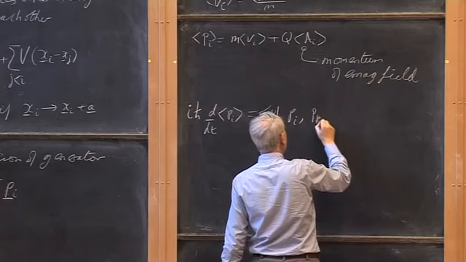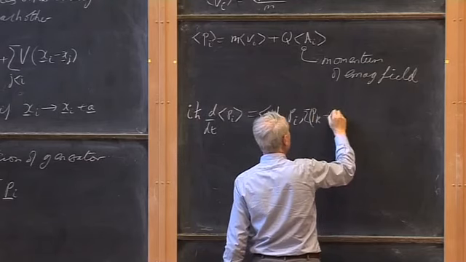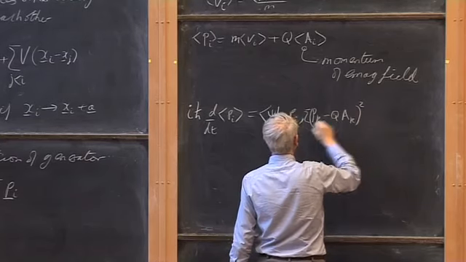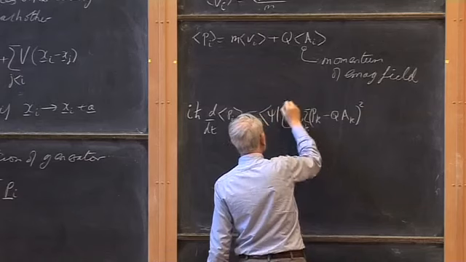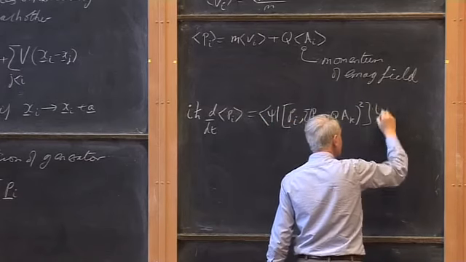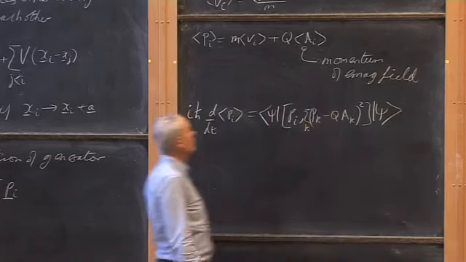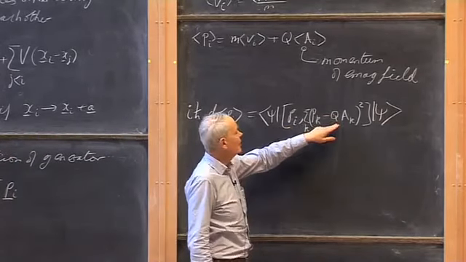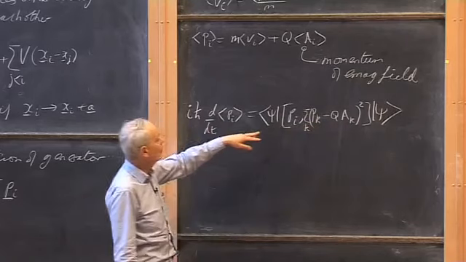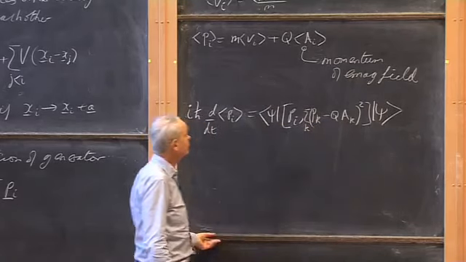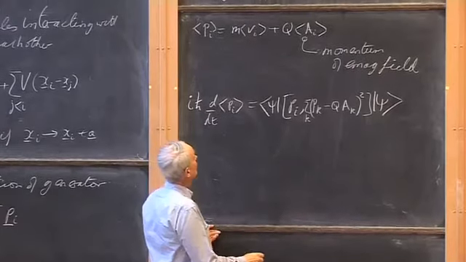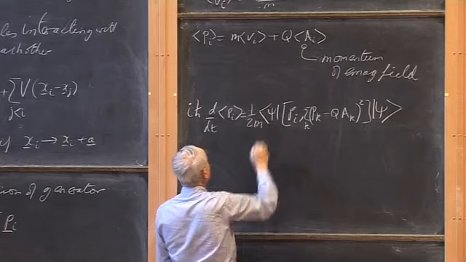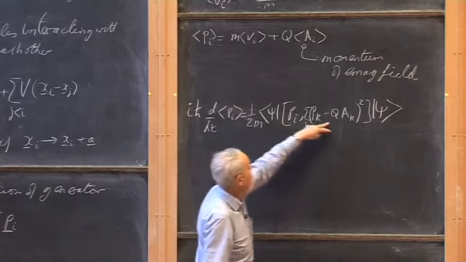It's the sum over k of pk minus q ak, squared, over 2m. So this is the commutator of the momentum with the Hamiltonian, where I've now written out the Hamiltonian in reasonably gory detail. I'm missing a 1 over 2m, am I not? Yes, 1 over 2m times this is the Hamiltonian.